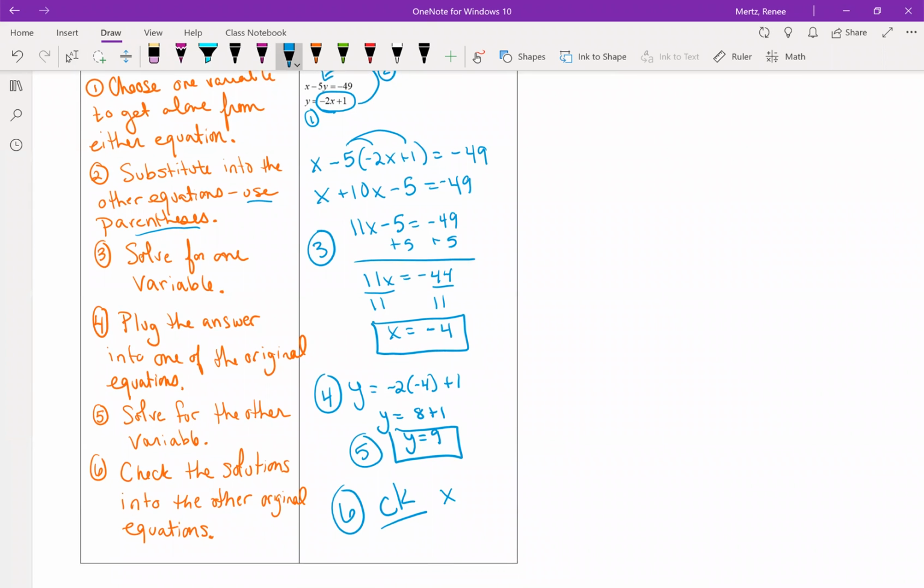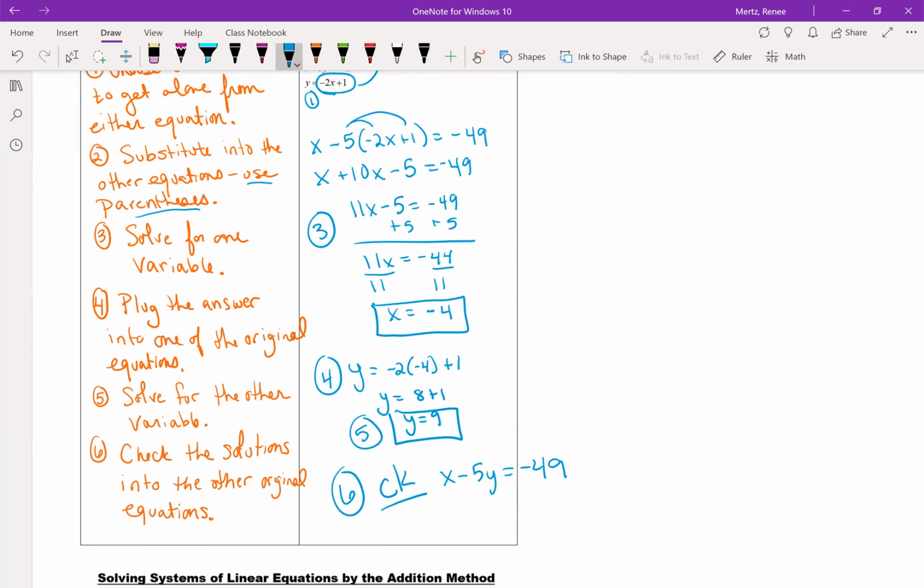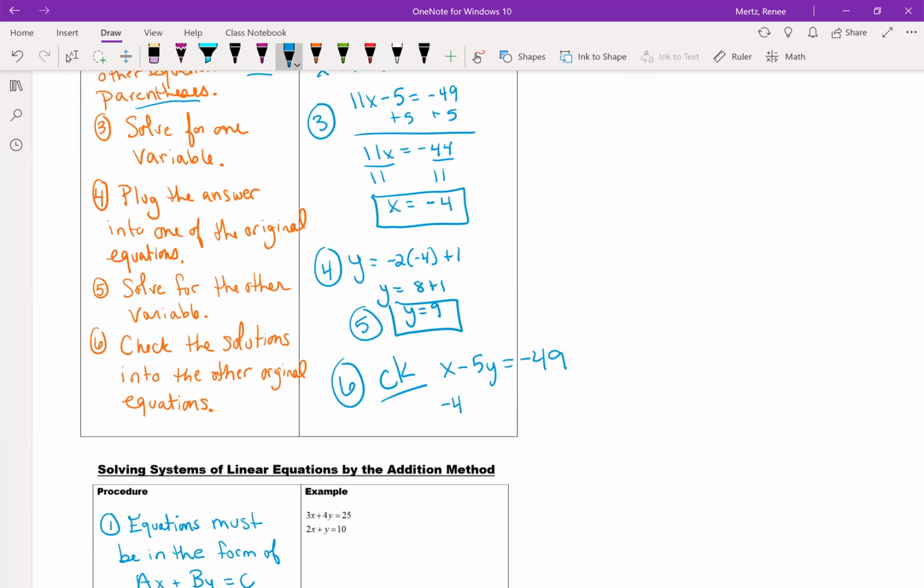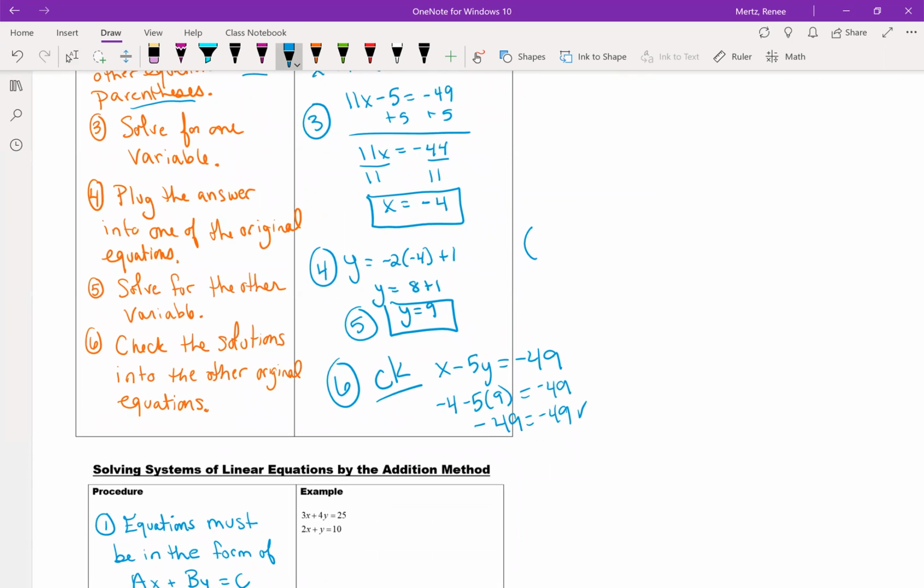So x minus 5y equals negative 49. Negative 4 minus 5 times 9. Negative 4 minus 45 is negative 49, equals negative 49. So it checks out. You can write the answers like that, or you can write it as negative 4 comma 9. Either way is fine.